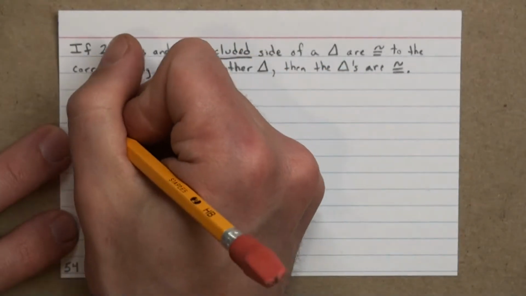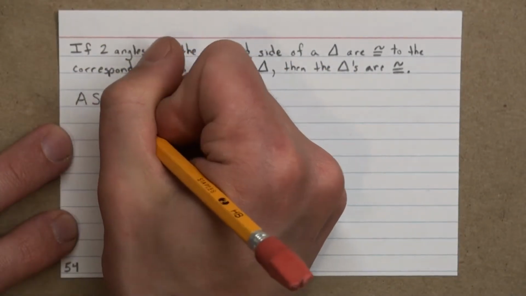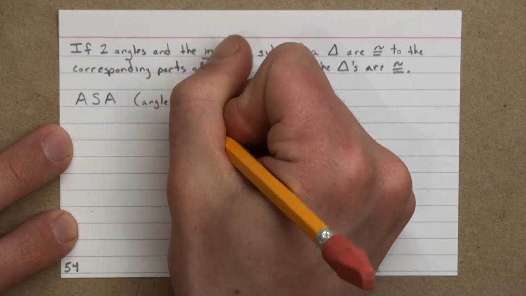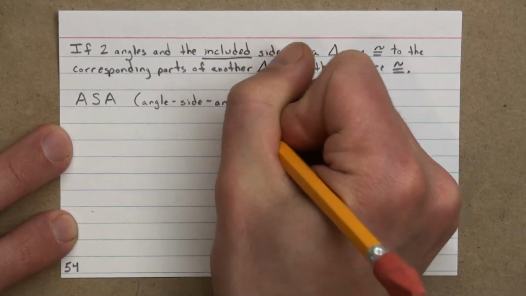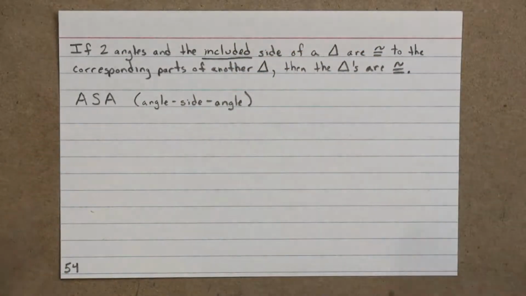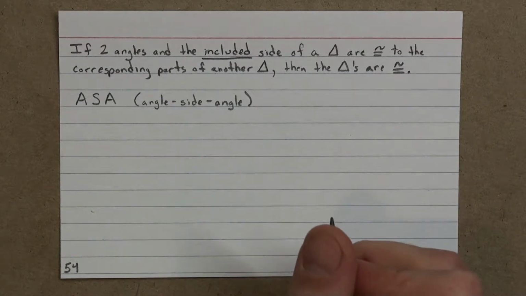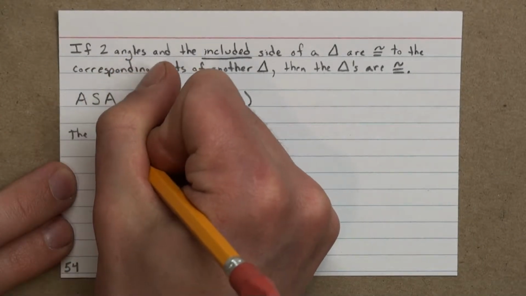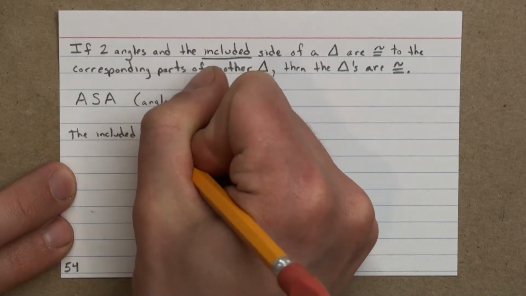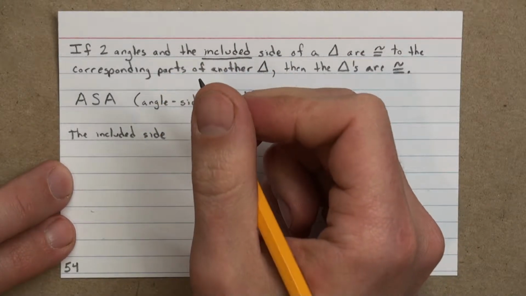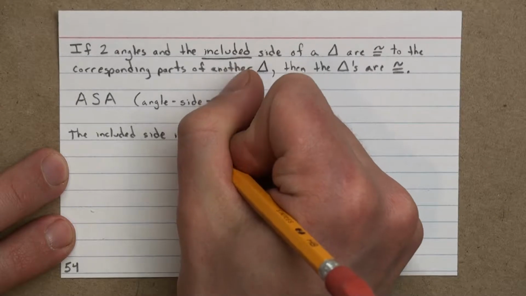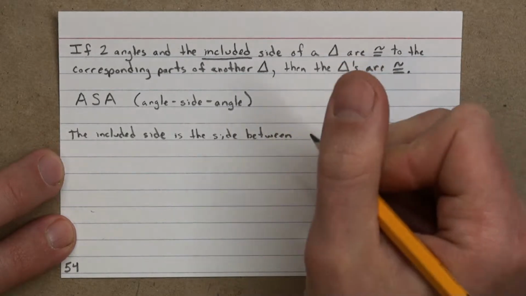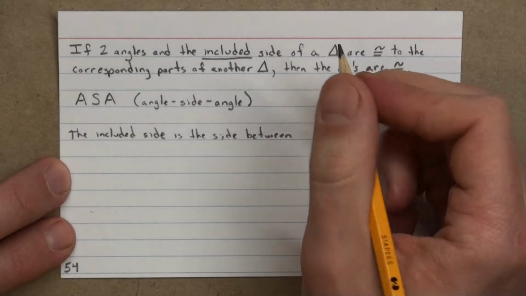Okay, and this is known as ASA, or angle, side, angle. And the included side is the side between the angles being used.